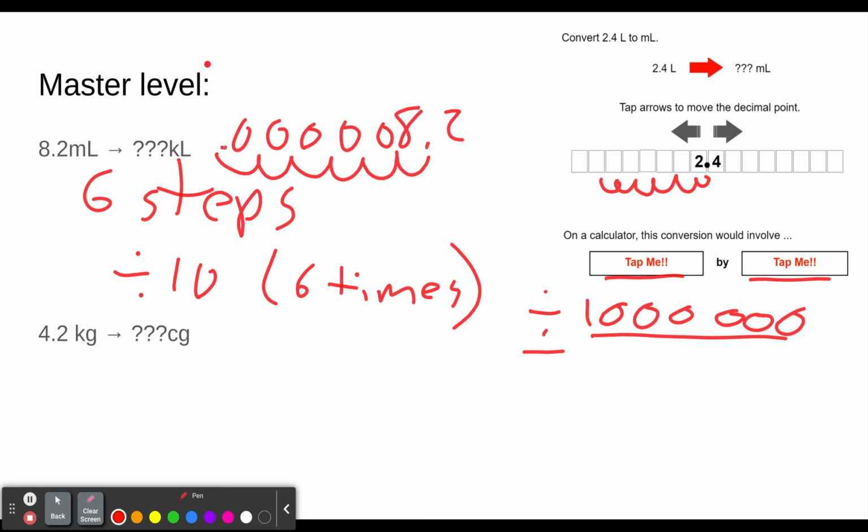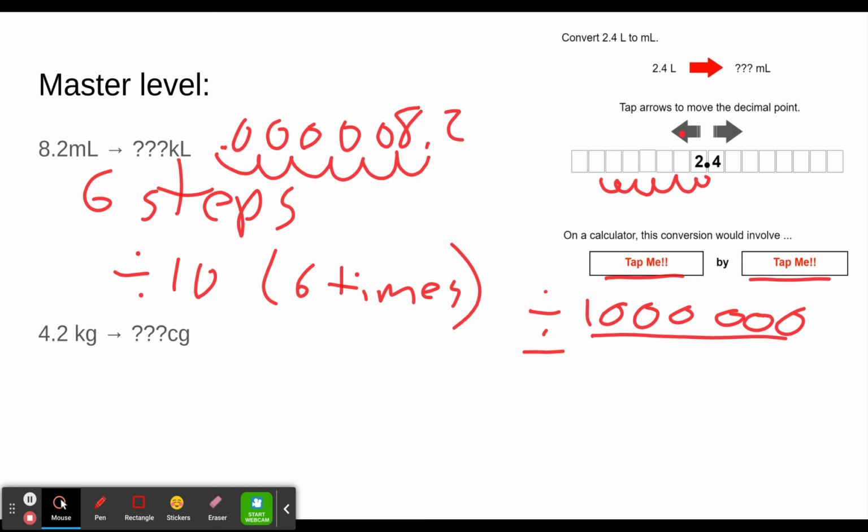And our decimal would be now over here. So 0.0000082. Remember, the decimal's not here anymore. It moved over there. All right, so we'd move the decimal 6 places to the left. We'd click over here on this button 6 times, and we would get our answer.